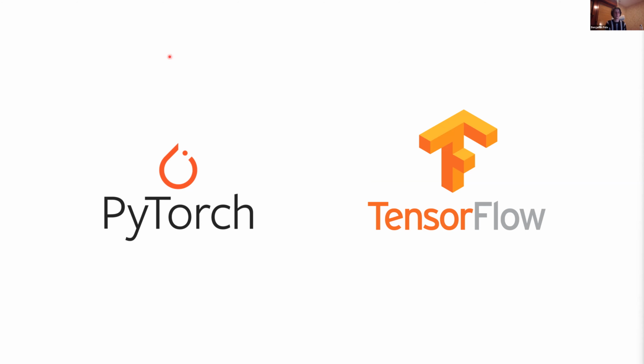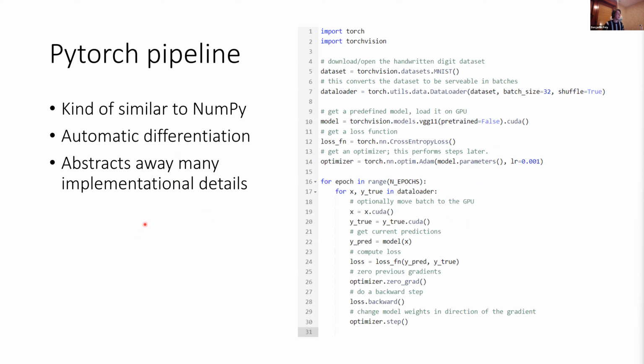But in this particular project, we were using PyTorch, so I'm just going to concentrate on this from now on. And I first want to say a few words about the typical PyTorch pipeline, just so you get a feel of how training performs using a high-level library.